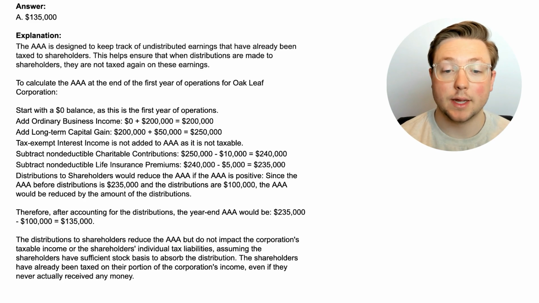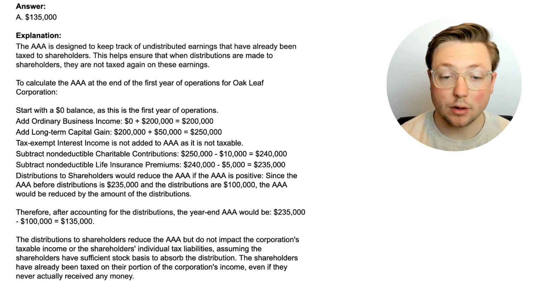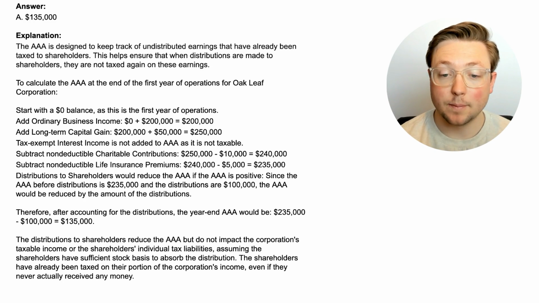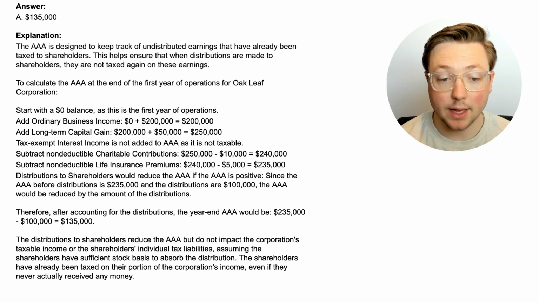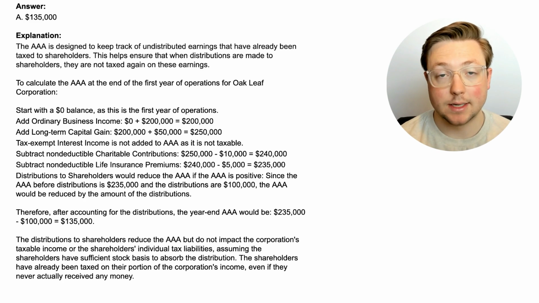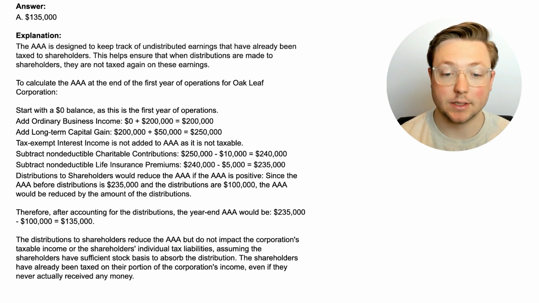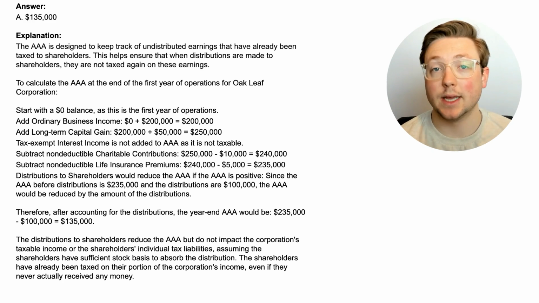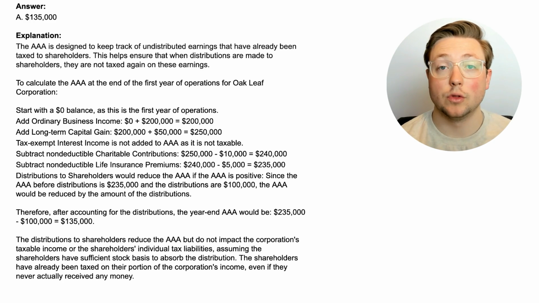To calculate the AAA at the end of the first year of operations for Oakleaf Corporation, they start with the $0 balance because it was the first year of operations. You add the ordinary business income, you add the long-term capital gain, you do not add the tax-exempt interest, and we'll talk about that in a little bit. You subtract the non-deductible charitable contributions, so tax-exempt not included, non-deductible is included because, again, with an S corporation, those deductions do flow through to the shareholders.